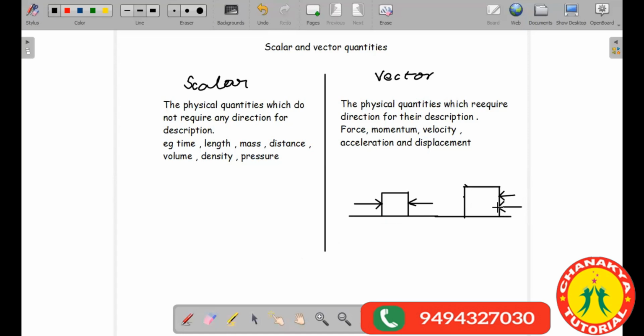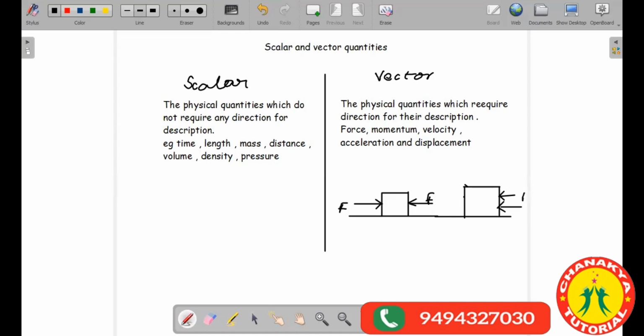So these are the two ways by which we observe that two forces are acting on a mass, but the way they act is different. In the first case, some force F is being applied on the mass from two directions. If the amount of force acting in the two directions is equal, these two forces cancel each other.